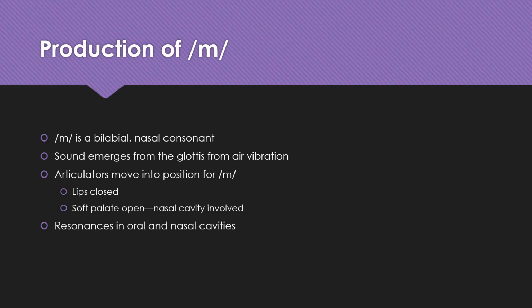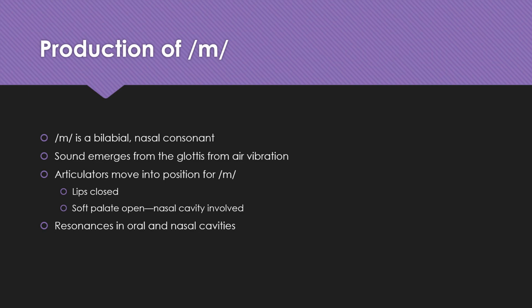There would also be the fundamental frequency visible in this graph. And secondly, there would be a transfer function for when the articulators move into position for the sound. So since it is a bilabial consonant, the lips would be closed and the soft palate would be open because the nasal cavity is involved.